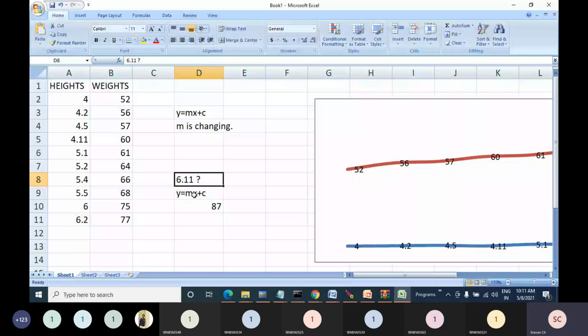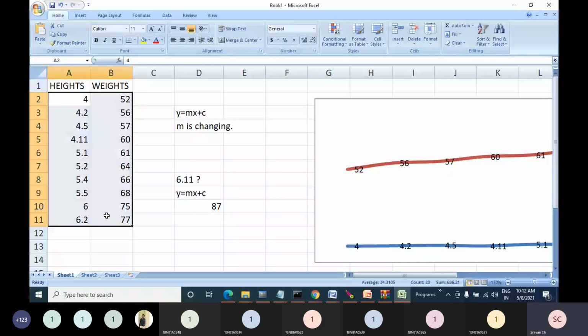So if I create a machine learning model, my model will predict the weight for a given height. How can my model predict the weight for a given height? Because I have given a lot of knowledge to my model. This is the knowledge. So based on its knowledge, my model can predict the weight for a given height.